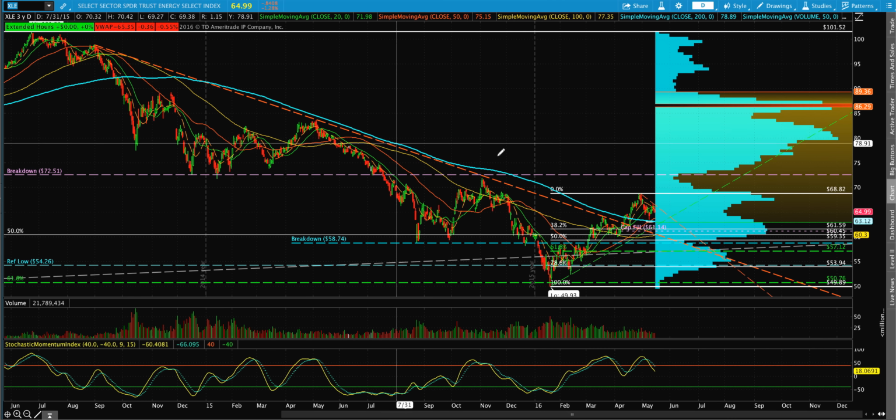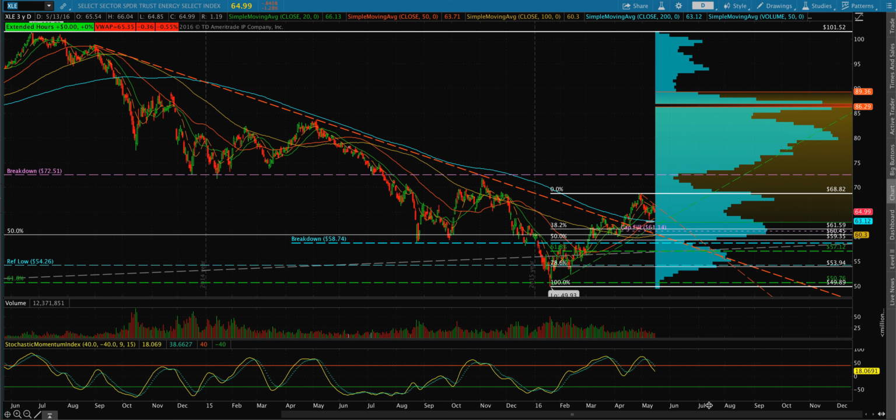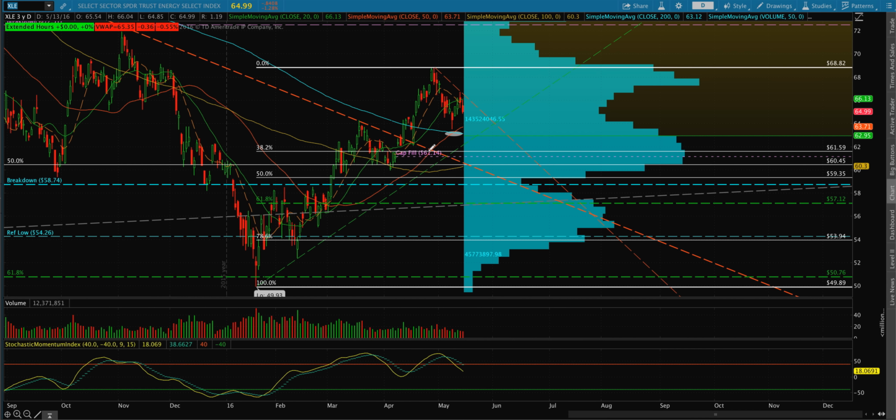We couldn't even get strong enough to retest it, and now we are over it, and it seems to be holding. So I'll say XLE, and of course, the 50 crossed the 200. As long as we're still within this trend line, I would be a buyer on a trend touch, or a 200 MA, and preferably a 200 MA and trend touch would be good. I am more constructive on oil and oil stocks.